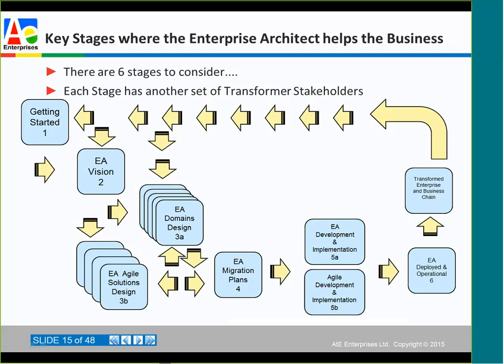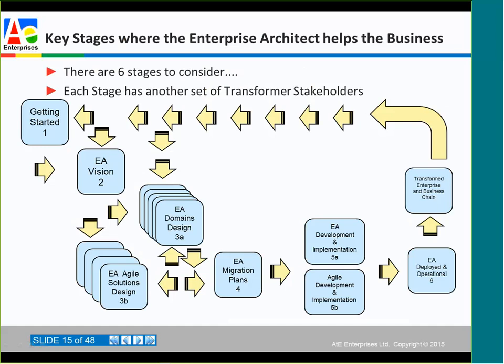There is much work that's been done with different transformation stakeholders at that point. And then as we move forward and we formalize our designs, then we have our migration plans, and then we have EA development and agile development and implementations. And then we have the deployed EA and the transformed business and business chain, and then we go round the loop again. So quite a lot of stages that we're going to consider.